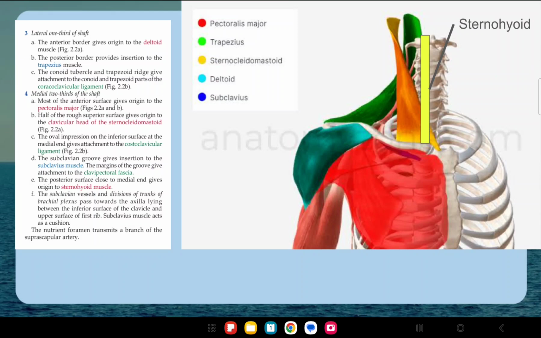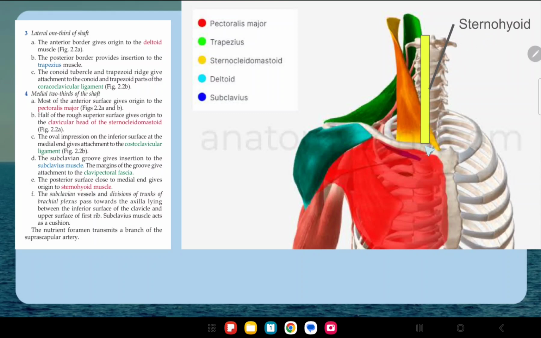Then the features of the medial two-thirds are pectoralis major anteriorly, superiorly the clavicular head of the sternocleidomastoid, and number three was the sternohyoid, right?